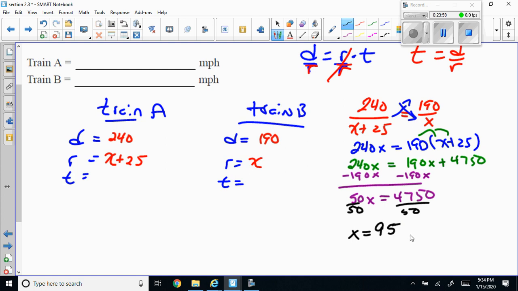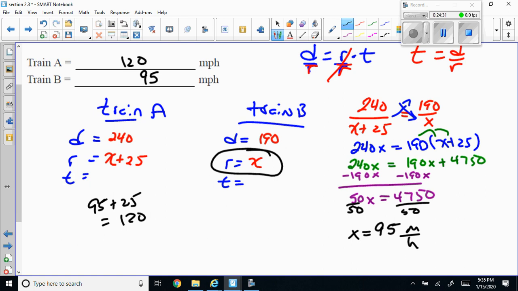Okay. That is miles per, guess what? Hour. Right? So this x is solved for who? Train B, right? So train B is traveling at 95. But train A is traveling at what? 95 plus 25, which is 120.